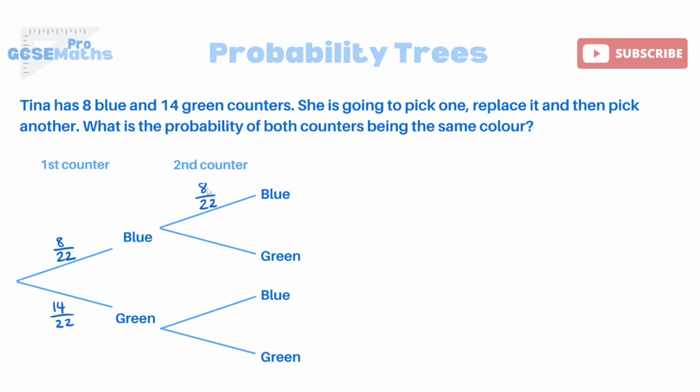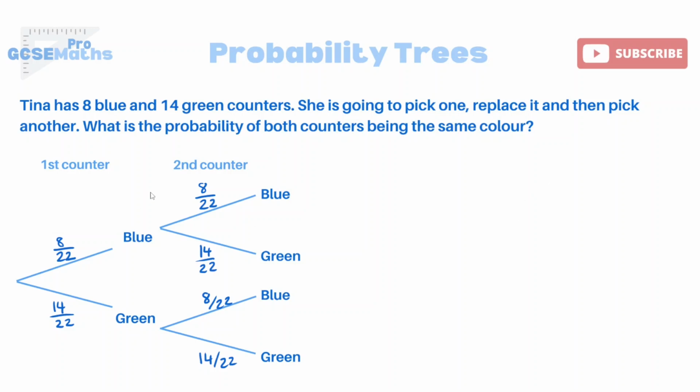I still have 8 blue counters out of 22 that are there. The green is also still the same. So in this case, the second column isn't affected, is it? It's not affected by what happens when I pick the first counter. So that's still 8 out of 22. That's still 14 out of 22. Okay, it just depends on have they replaced it, have they put it back or not.